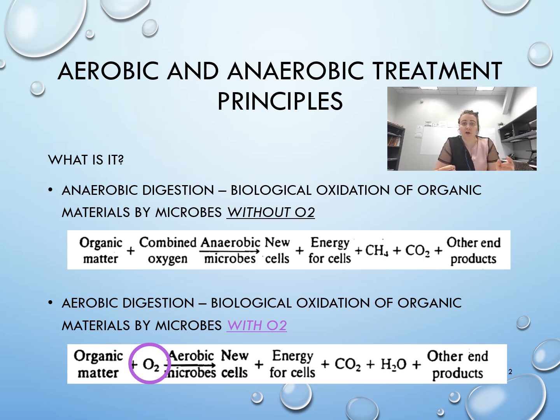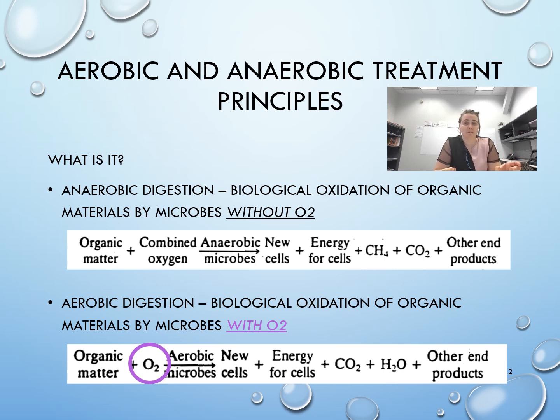In contrast, your aerobic digestion is biological oxidation with oxygen. So these organisms must have O2 in the system in order to move forward, make new cells, reproduce, and produce energy. So the key difference is oxygen. If it helps you to remember, the root of that word, A-E-R-O, aero, means oxygen. A-N in front of that means without.